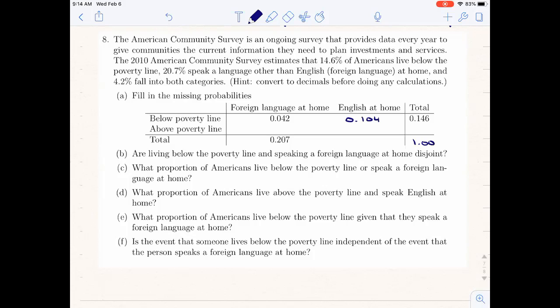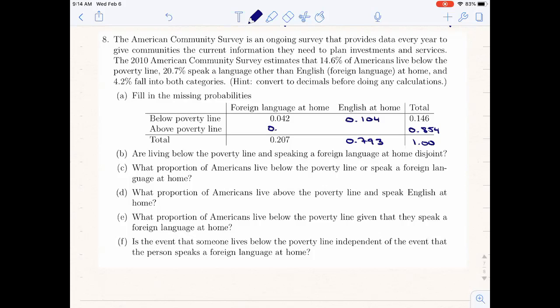Knowing that the probability down here in the corner has to be 1, then I can say, okay, well, 1 minus 0.146. So this probability has to be 0.854. Same thing for the other marginal. 1 minus 0.207, 0.793. I know that 0.042 plus whatever has to equal 0.207.